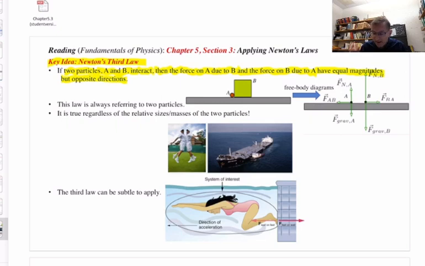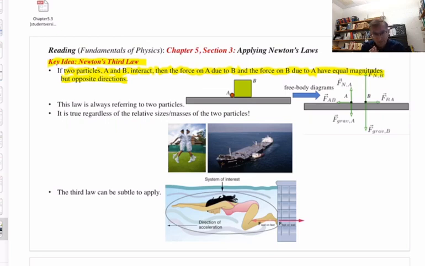Okay, let me start with some pictures then to think about this. Here I've drawn a little schematic of a surface of some kind, and sitting on that surface are two particles. A is, let's say, a marble, and B is a cube of some kind. And I have put them right up against each other so that they are in contact.